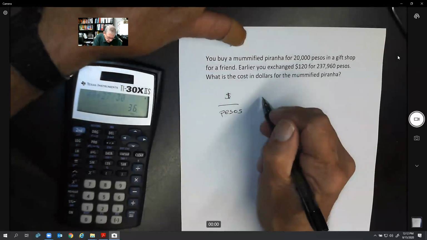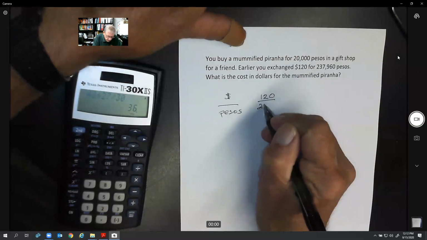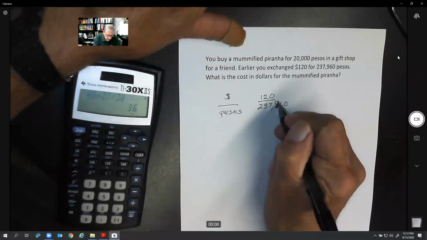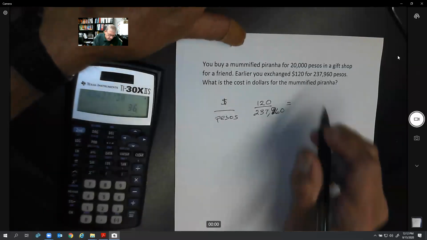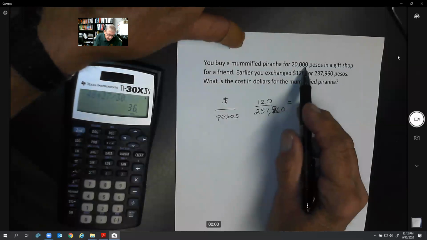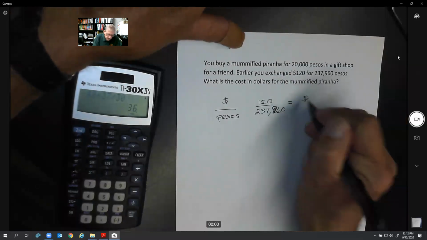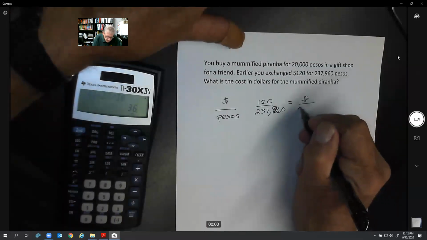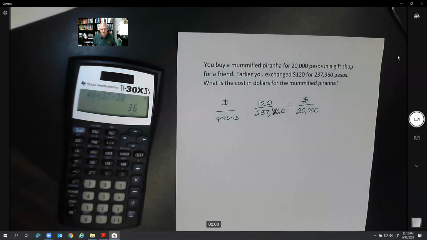You exchanged $120 for 237,960 pesos. Okay. And what would that be equal to? Well, you paid 20,000 pesos, and we're trying to figure out how much that would be in actual dollars. So dollars is equivalent to 20,000 pesos. And that should give us our answer.